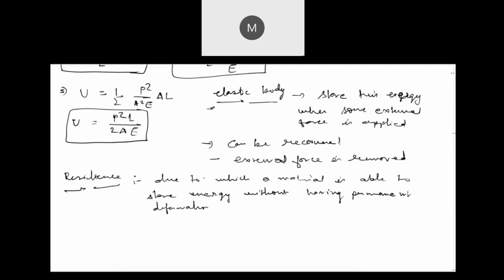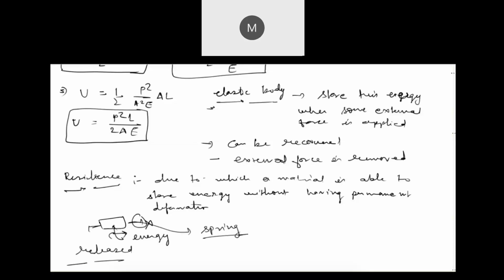That is, when the material is strained or when the load is applied, this material can store the energy, and this energy does not cause permanent deformation, because when this load is removed, this energy is released and this energy can be used. This type of action is used in the case of a spring.